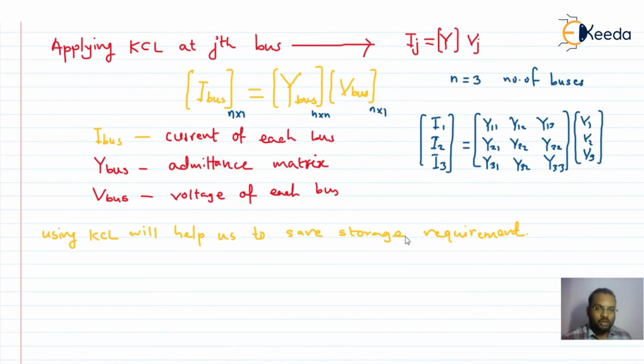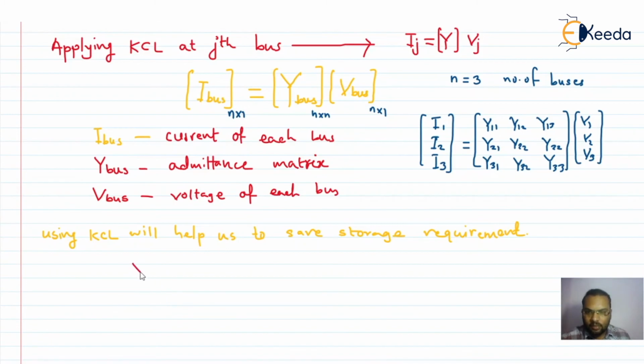You may also be wondering why we go only for the Y bus for the load flow study, and why not the Z bus. That point I will also discuss while covering the properties of the Z bus matrix. So this is how we can model the given power system to carry out the load flow study.